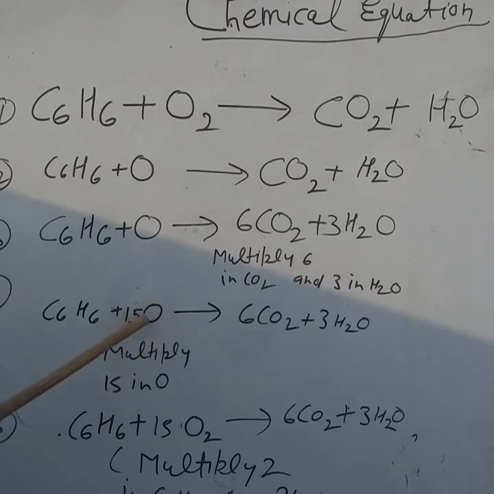So if oxygen is written in molecular form, then the number of oxygen should be 30. So the reaction is unbalanced. On one side the number of oxygen is 30 and on the other side the number of oxygen is 15.